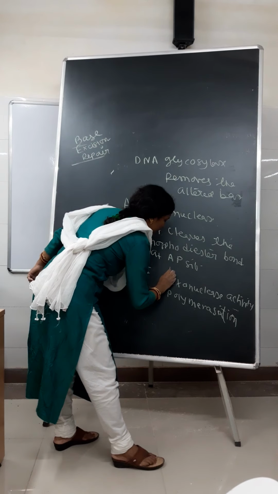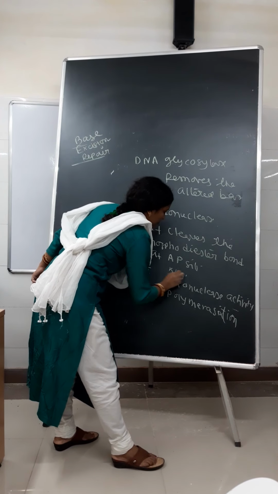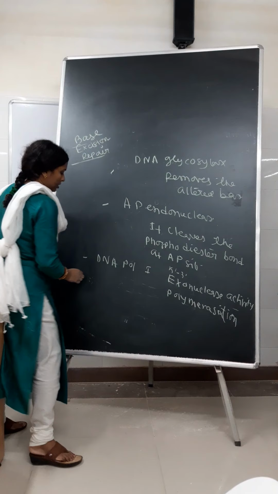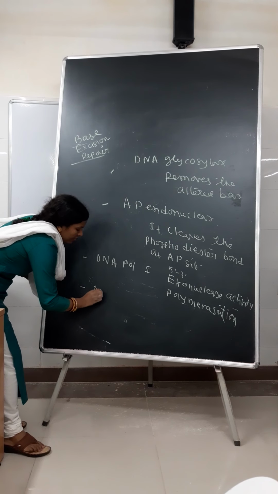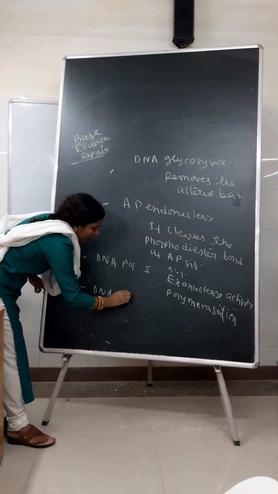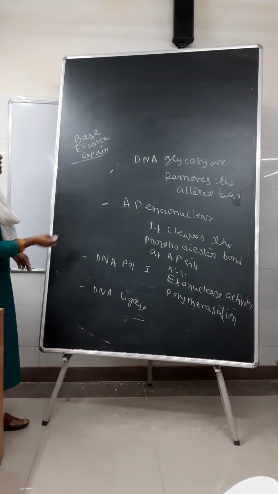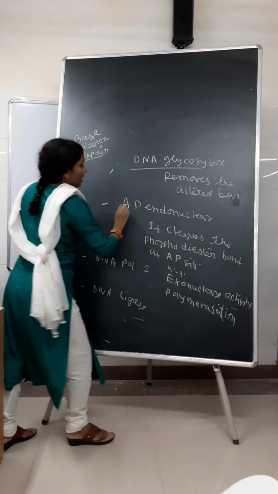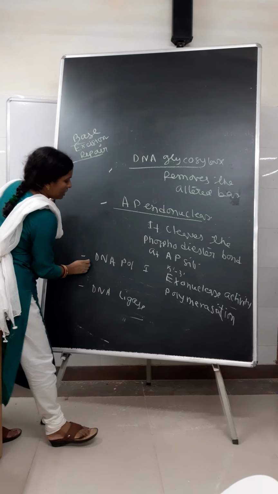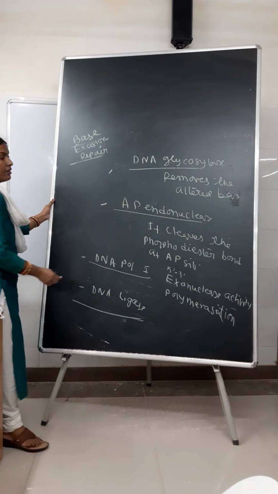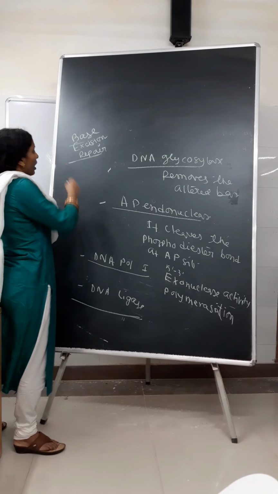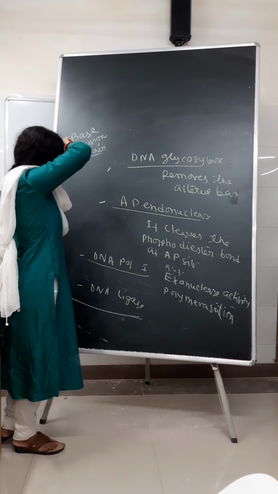So 5 prime to 3 prime exonuclease activity and its polymerization activity. And next is DNA ligase. So these are the 4 enzymes which come in: DNA glycosylase, AP endonuclease, DNA polymerase 1 and DNA ligase.